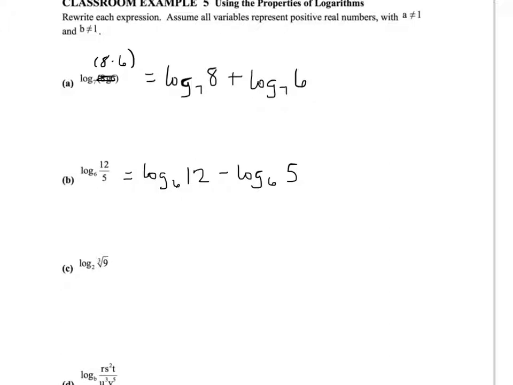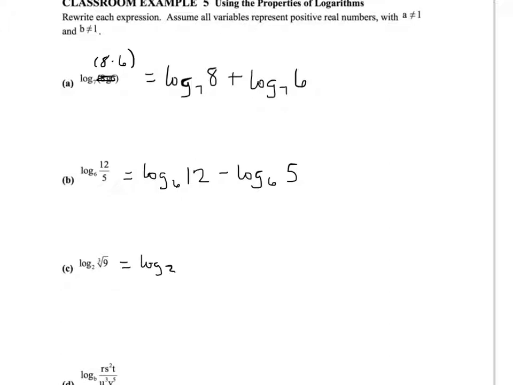We're expanding them. Now, if you look at C, here's something you need to be careful about. I see a radical, and we didn't have any rules for working with radicals, either for our exponents or for our logarithms. But I can rewrite those radicals as fractional exponents, and that would be step 1.